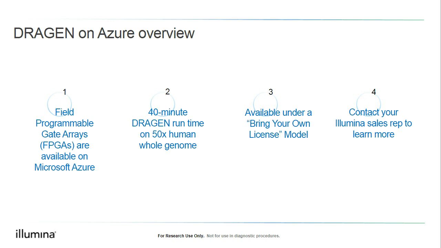If you're familiar with running DRAGEN on site, the analysis command line and others are exactly the same. All you need to do is bring up an instance, have your data available in blob storage in Azure, and then run DRAGEN via the command line on that machine. But for now, it's a bring your own license model, and that's something you can get via your Illumina sales rep.